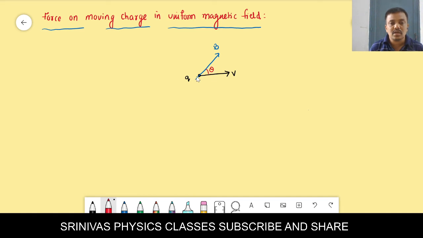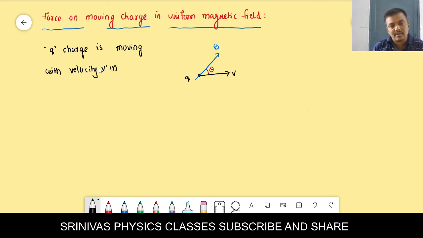Now here the Q charge is moving in the magnetic field of induction B with velocity v, uniform meaning constant. At the moment, what is the formula for the force on the charge?